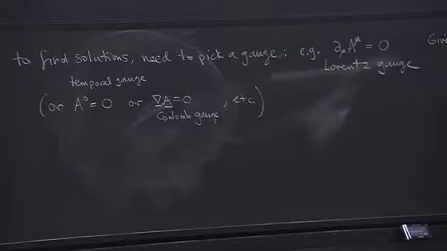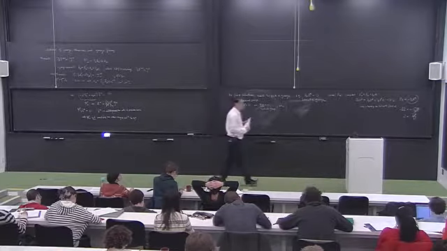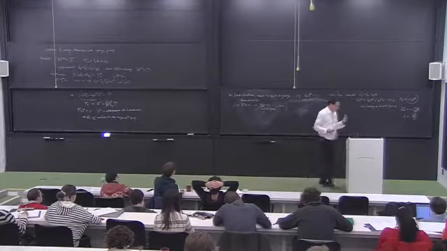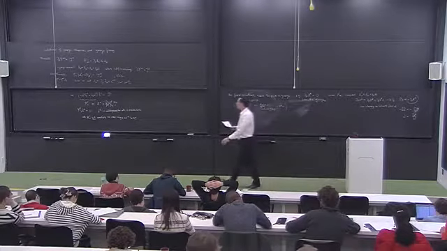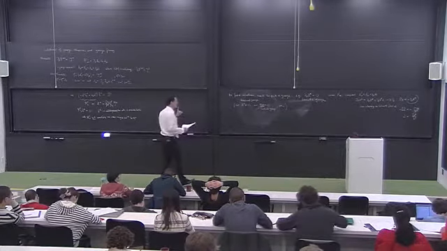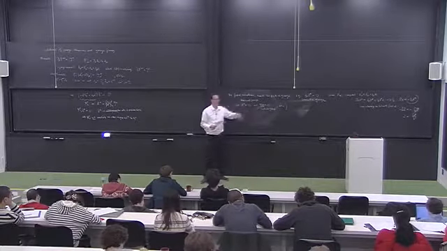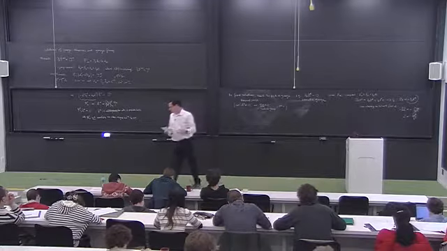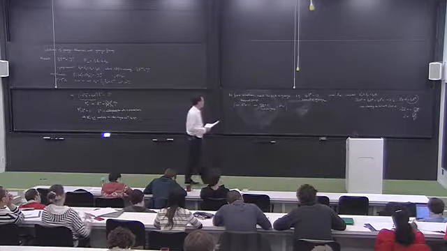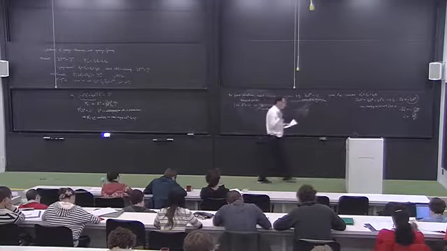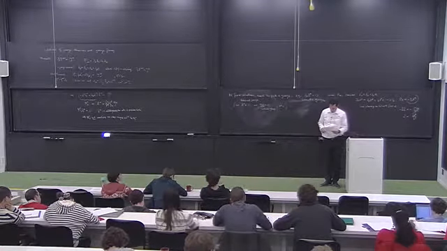When you choose a gauge, you should ensure that for the problem you're considering that gauge always exists. And that is sometimes not clear or not true. So you need to pick a gauge that exists. And once you've chosen the gauge, then Maxwell's equations have a unique solution.